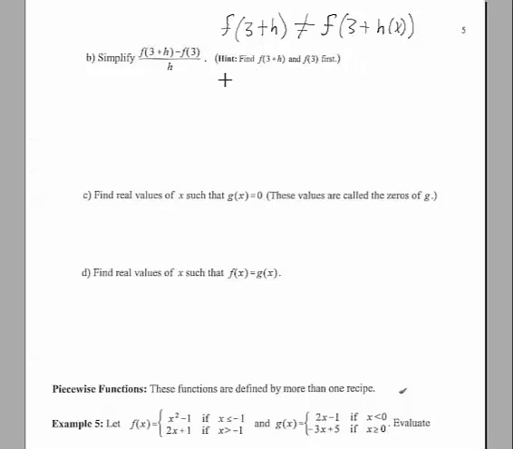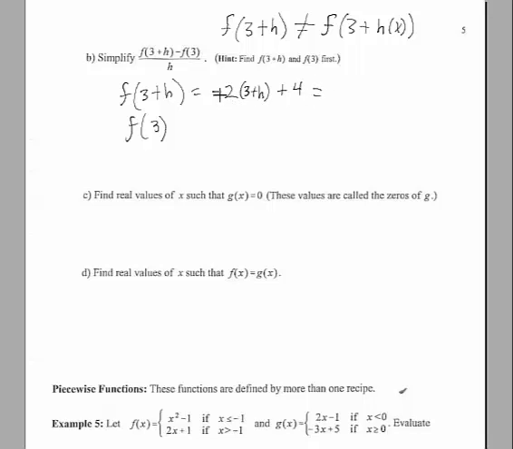So we'll follow the same procedure as we did in the last example, and we'll calculate these two pieces of the expression first. 3 plus h, we want to insert that into f. So f was negative 2 times x plus 4. Inside of here I would put a 3 plus h.